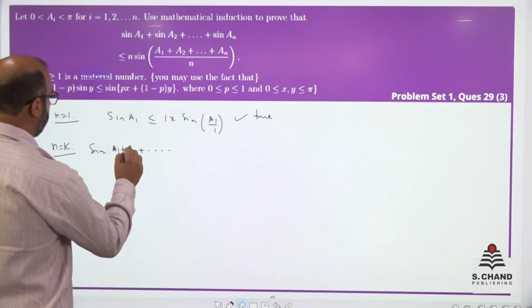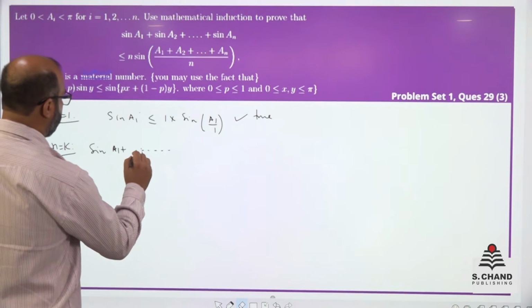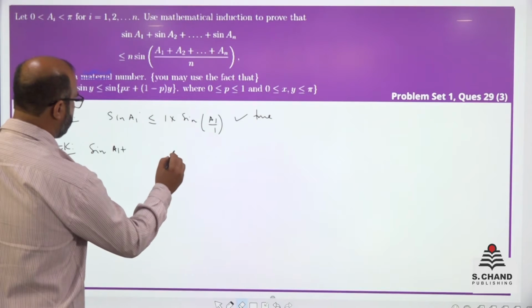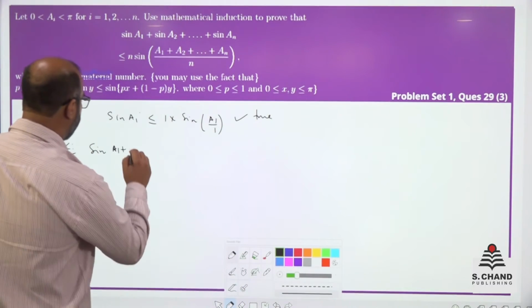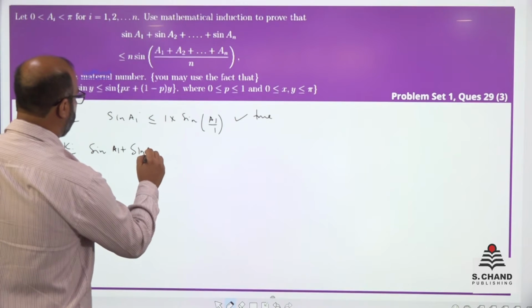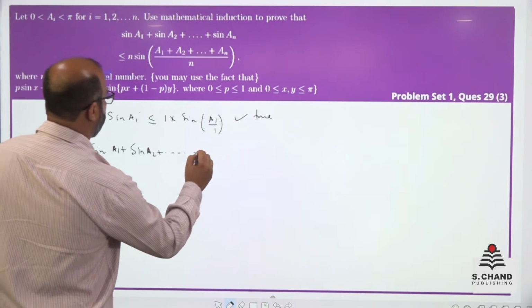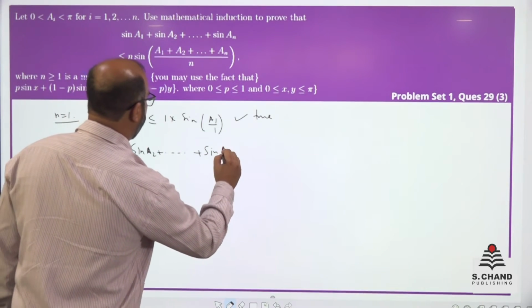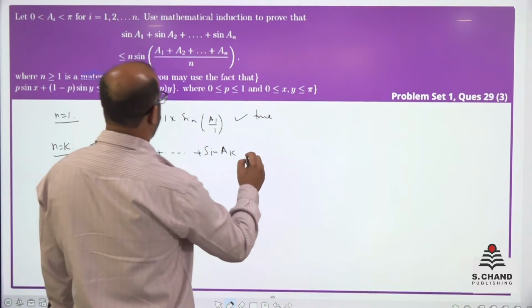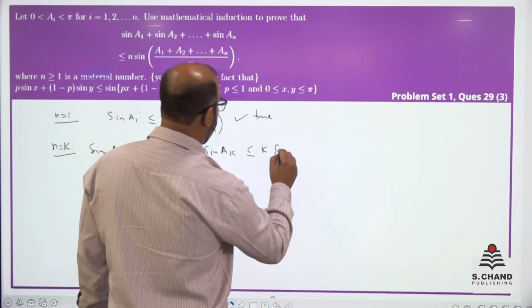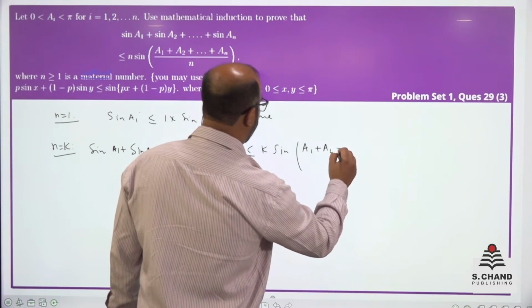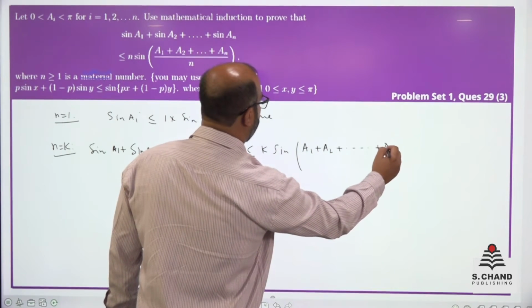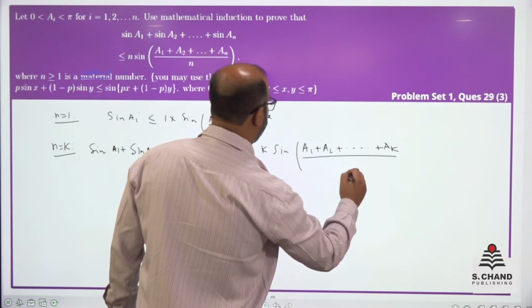So, sin A1 plus sin A2 and so on till sin Ak is less than or equal to k sin of (A1 plus A2 till Ak) upon k.